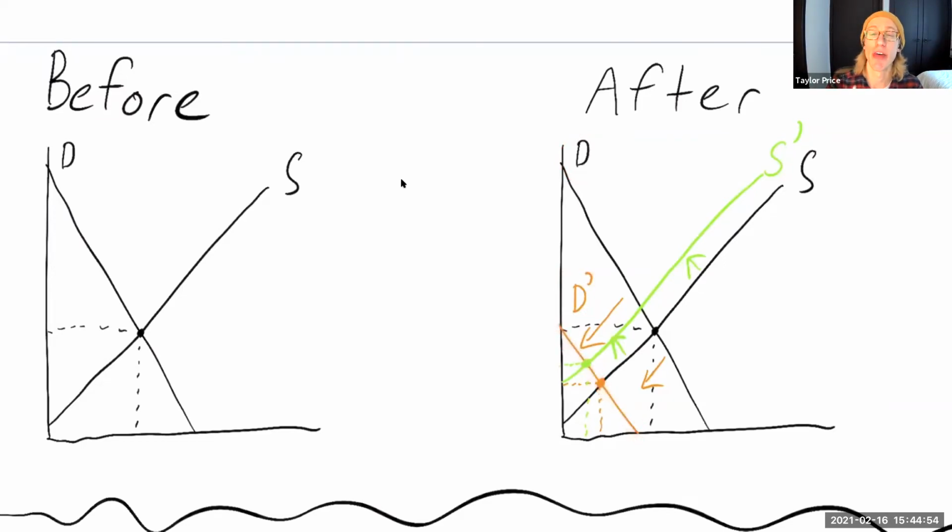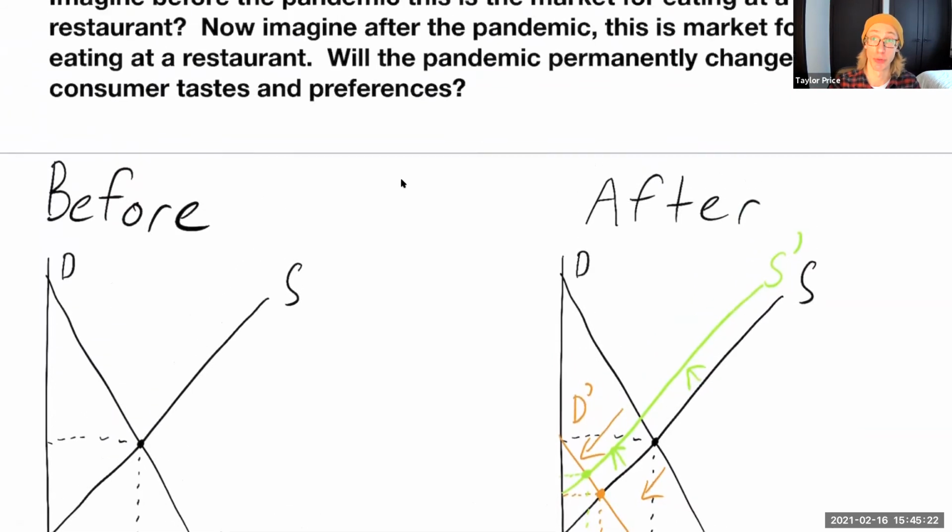But restaurants are also closing because of the pandemic, so the supply curve is decreasing as well. Now the new equilibrium point is right here, where the price is a little bit higher than it was originally, but the quantity is significantly less.